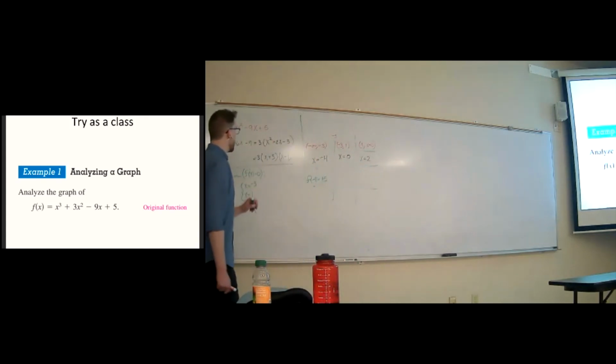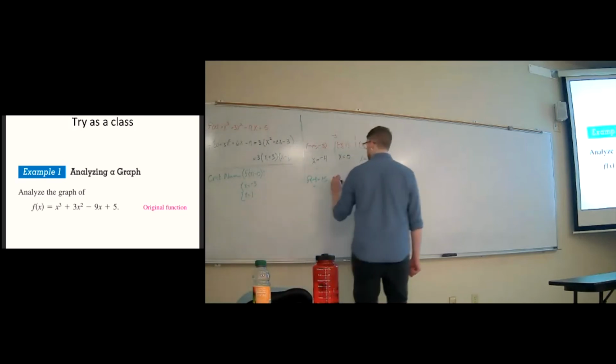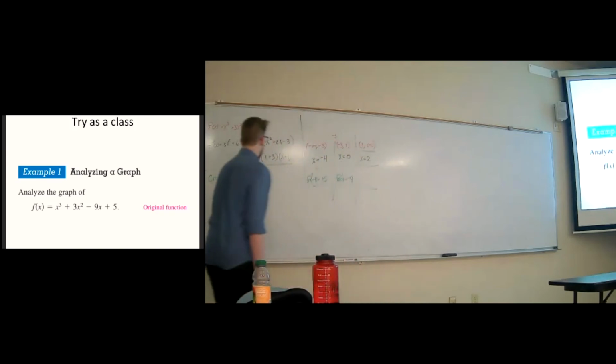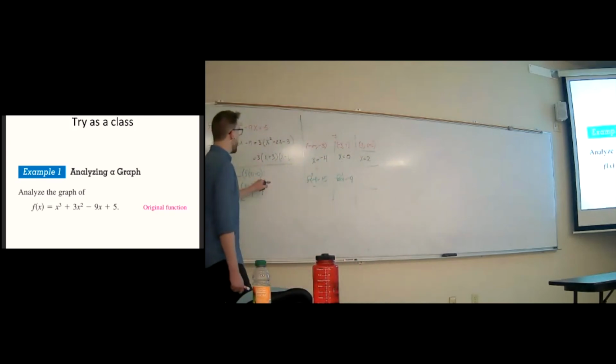Plugging in 0, we're going to get 3 times negative 1. It's negative 6, or I mean negative 9. And at 2, we're going to get 3 times 5 times 1, so 15 again, right?